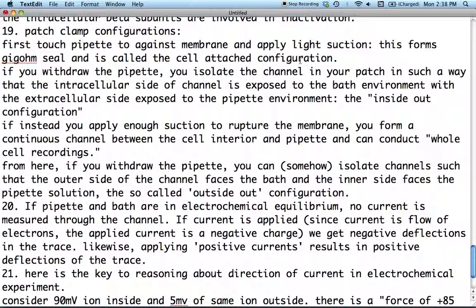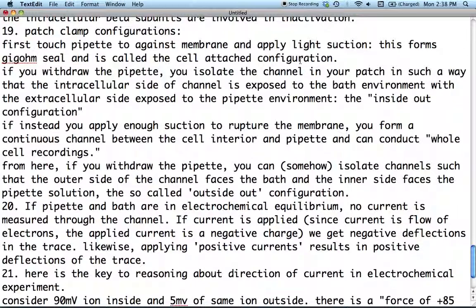But we can go further. We can withdraw the pipette once we've broken the cell membrane, and somehow, I have yet to see, I've scoured YouTube and looked extensively to get an idea of how this actually happens. I'm not really sure.